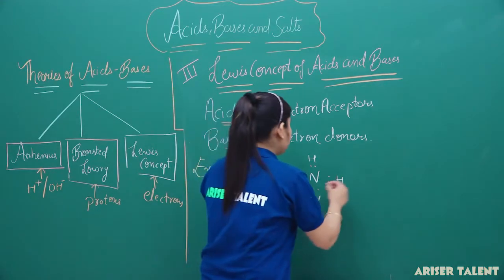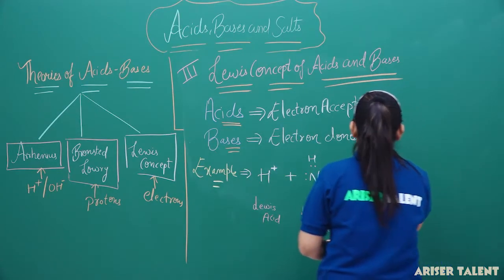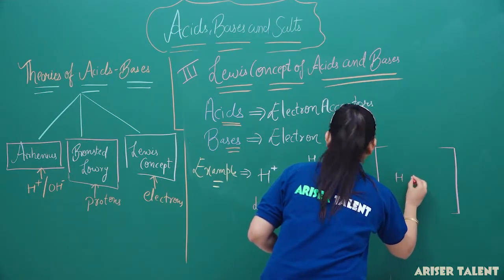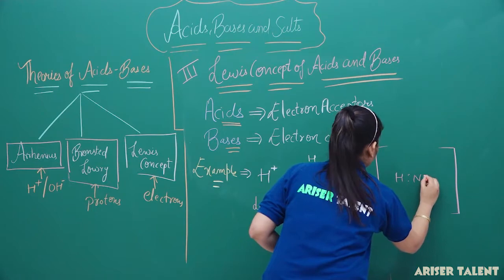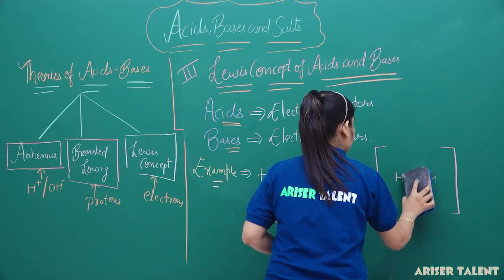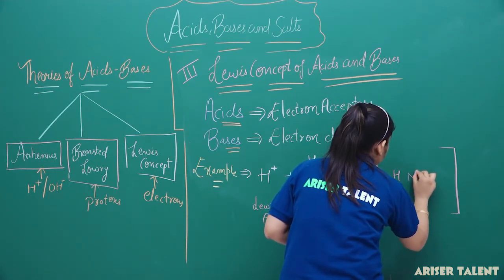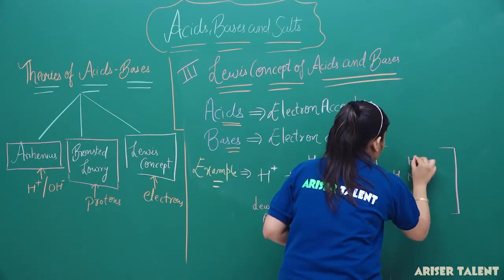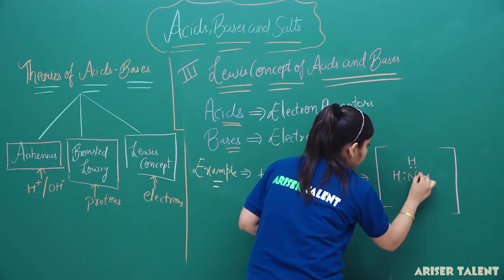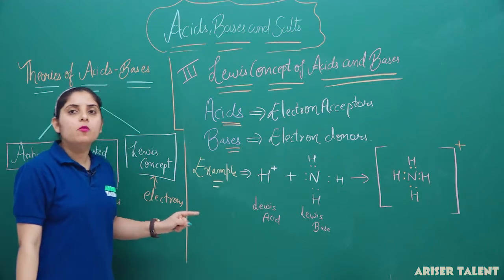Now what we will get on the product side is, the product formed will be, this H will combine with N, so this will actually be the compound formed by the reaction.